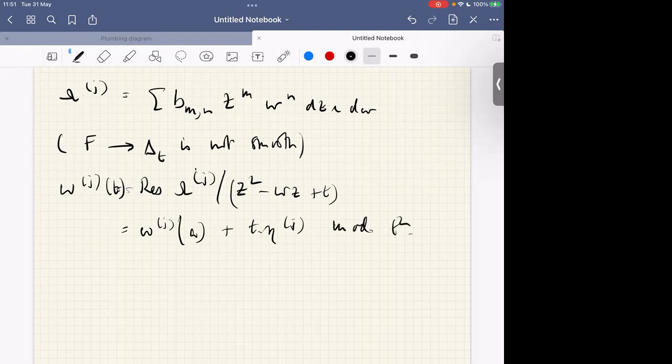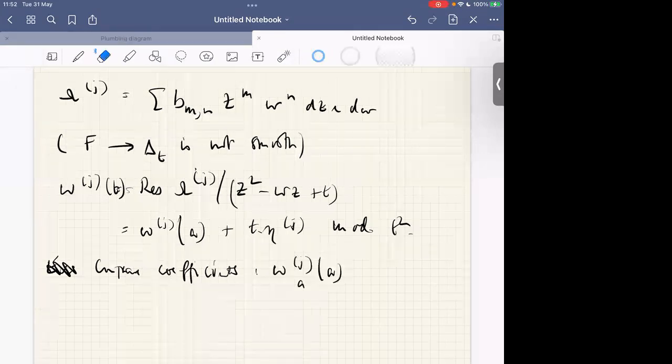And you simply expand this, and you compare coefficients. And you find that omega j evaluated at A, there's no subscript there, is equal to B10 plus B01 plus O of z dz.